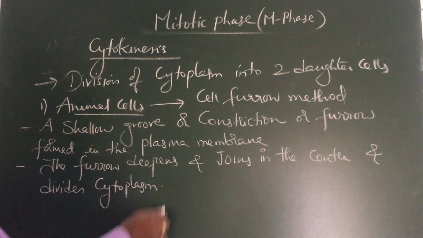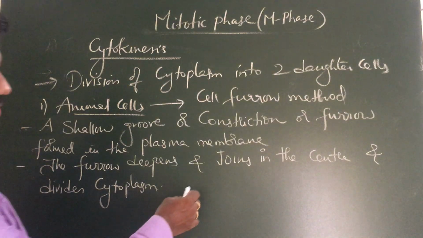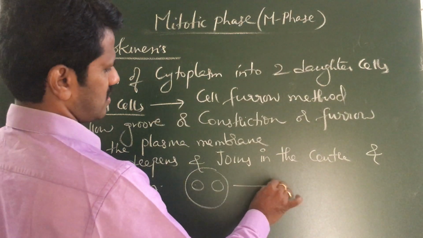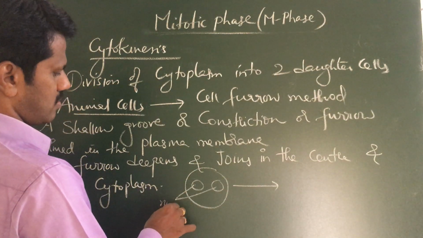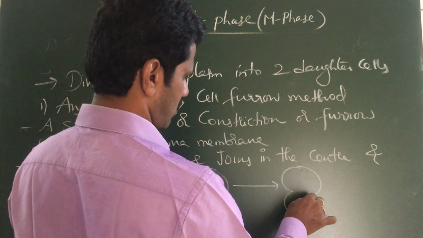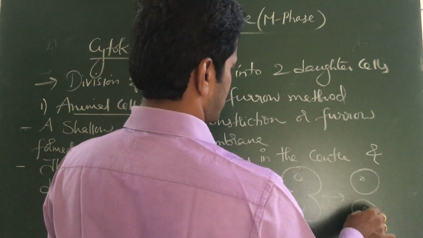Whatever the cell, initially you see the formation of two nuclei. Then this furrow deepens, finally dividing into two cells.